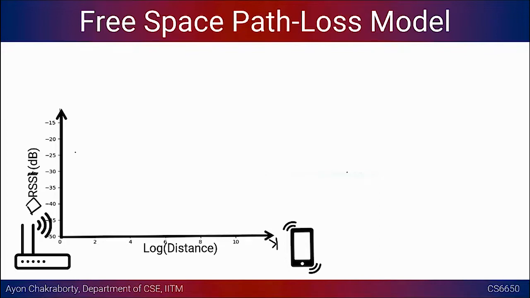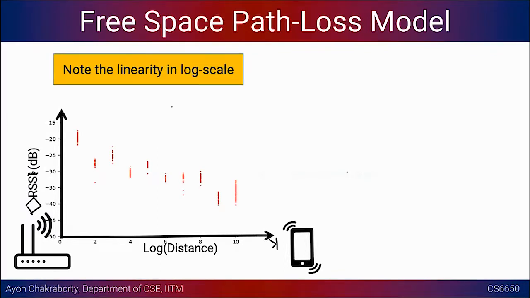So we can use both of them. There is some map which is created from RSS to RSSI, but the point to note here is that while you are very close to the transmitter, the received signal strength will be very high, and as you go far and far, the received signal strength goes down.